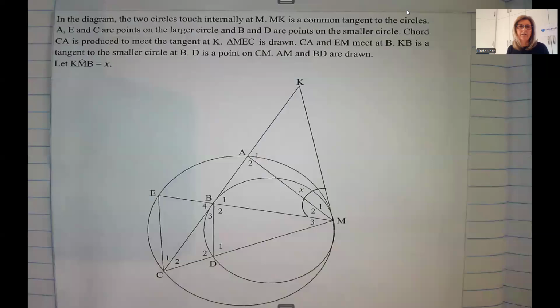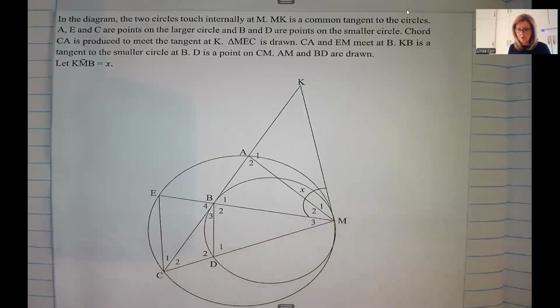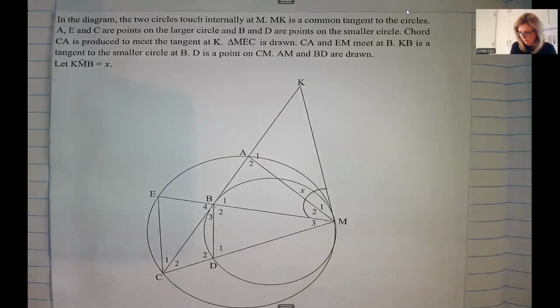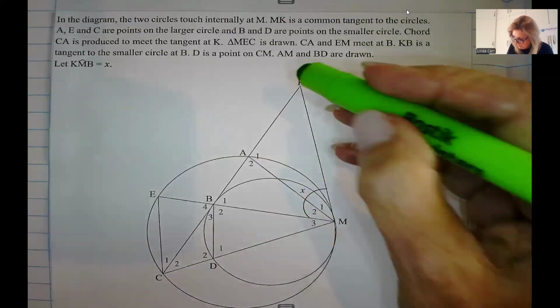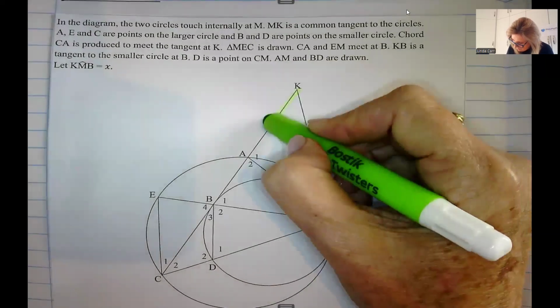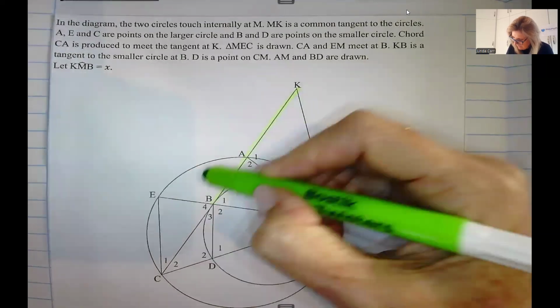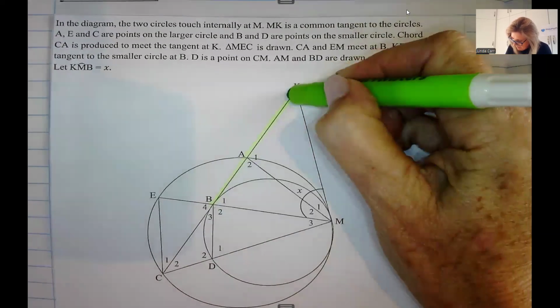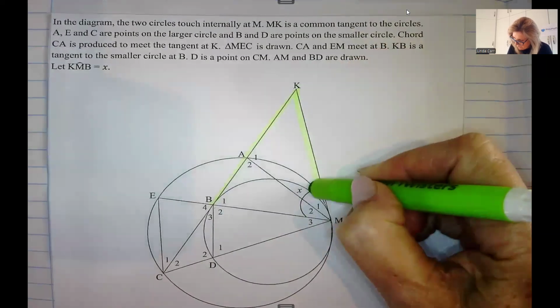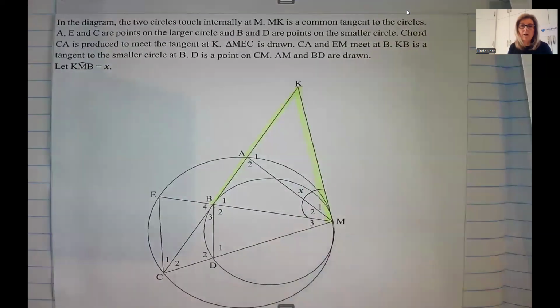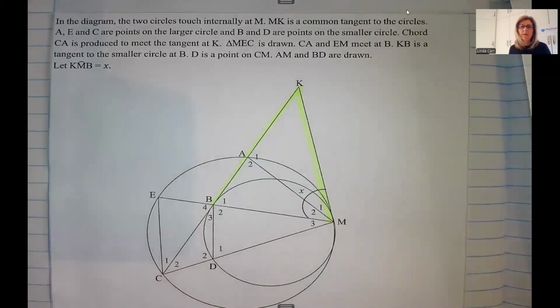It's a straight line. Triangle MEC is drawn, CA and EM, so those are now obviously straight lines, they meet at B. KB is a tangent to the smaller circle, but KM is also a tangent to the smaller circle as well as the bigger circle.